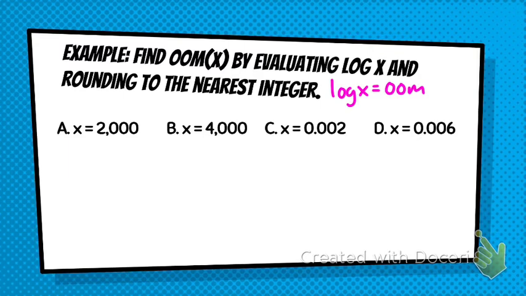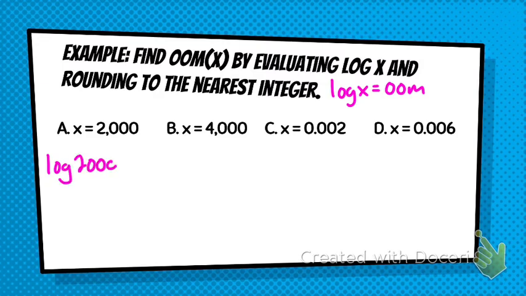So here we have the log of x, which in this case is 2,000. We're going to figure out what that equals, and we're going to round that to the nearest integer.